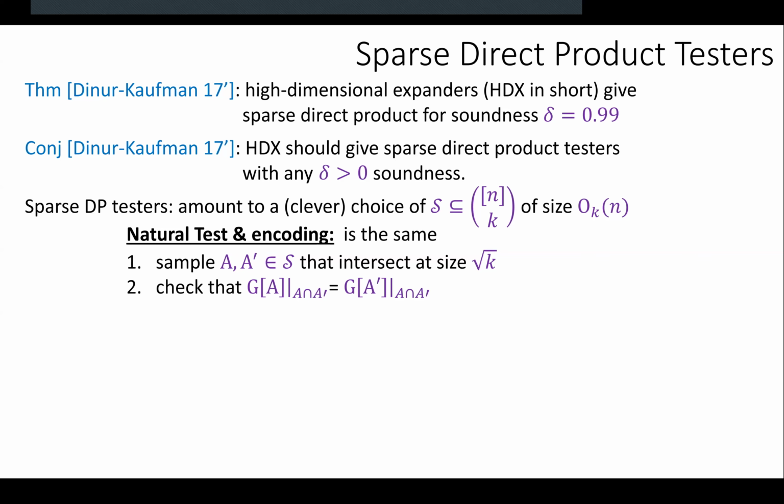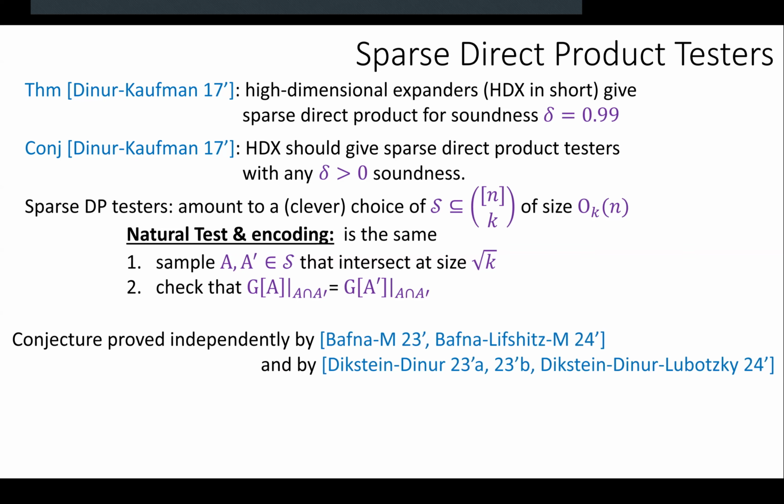So what we can do here is choose the set of tests wisely. The size would be like k times n, not n to the k. It's not like a tower, and that's actually important.